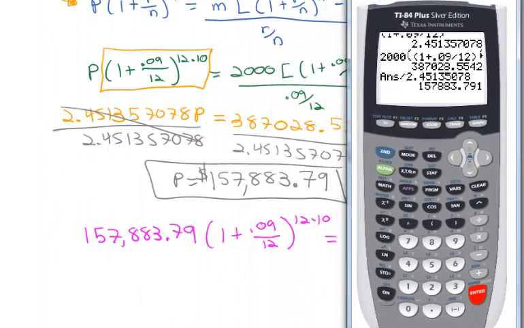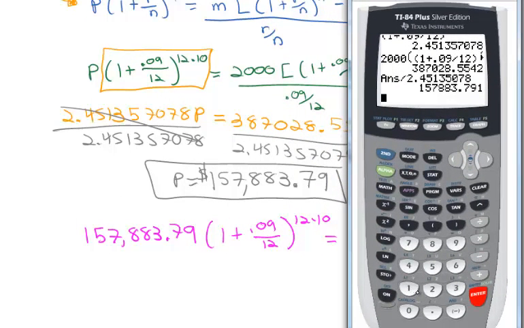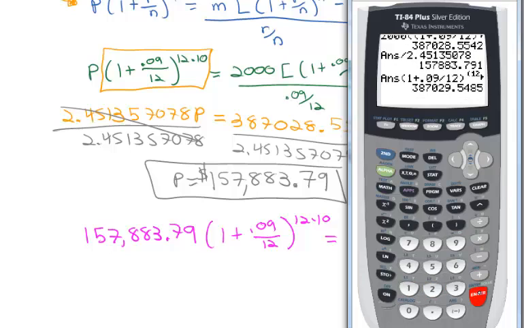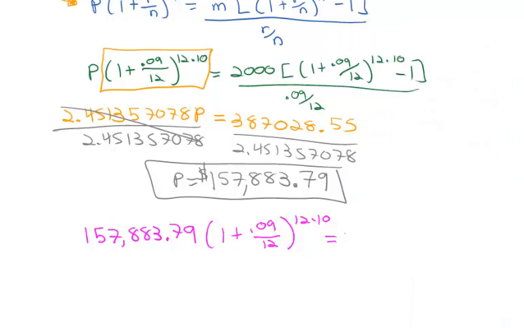And we can just put this right into our calculator. Take that previous answer times 1 plus 0.09 divided by 12 to the power of 12 times 10, and hit enter. $387,029.54.